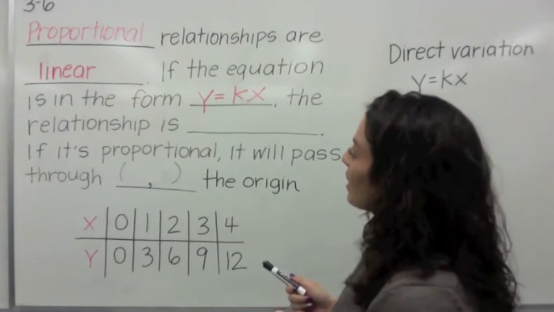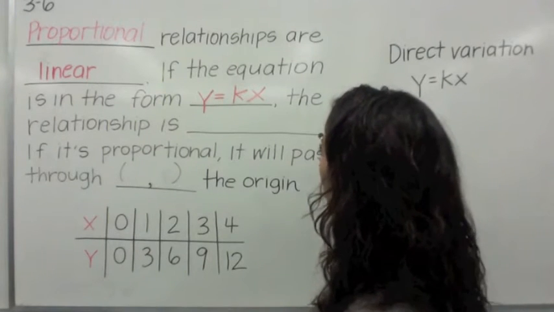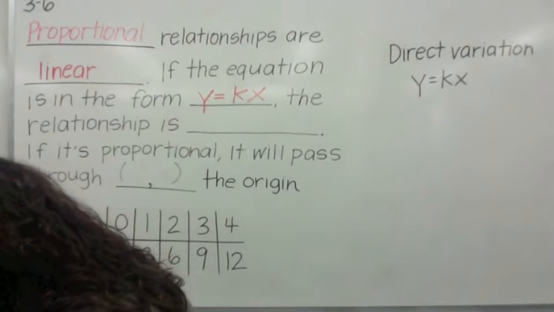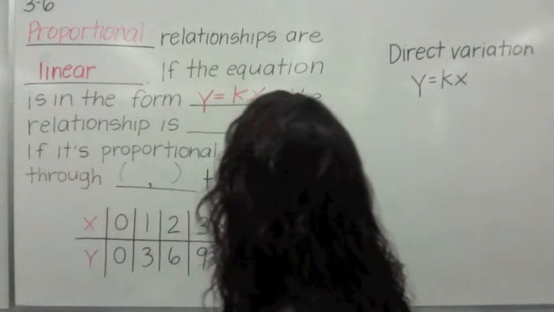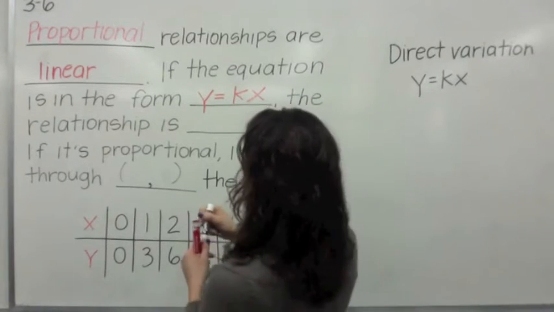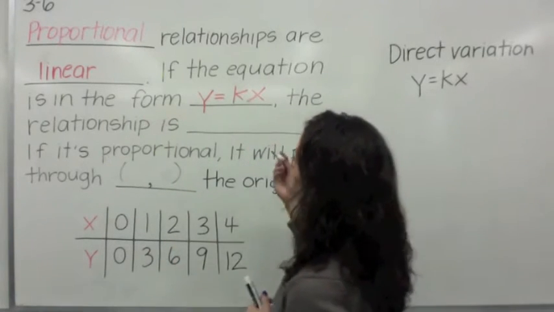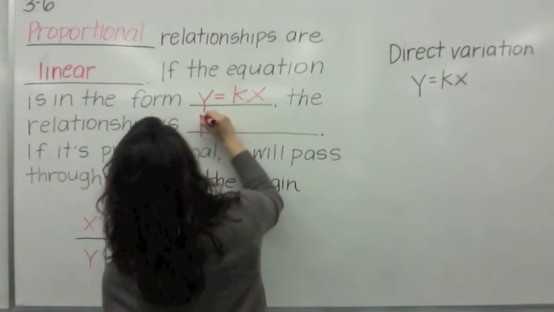The relationship is going to be linear, or it's going to be proportional. So if it's in the form of y equals kx, the relationship is, we're going to write again, proportional.